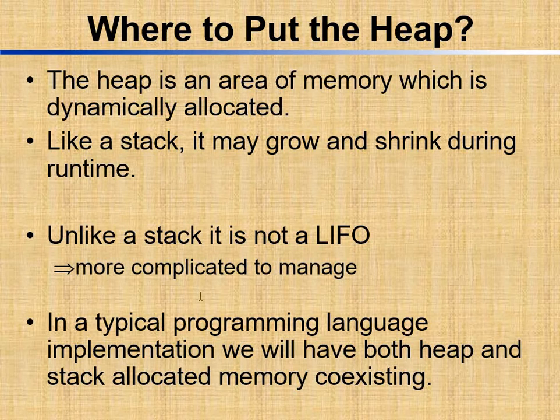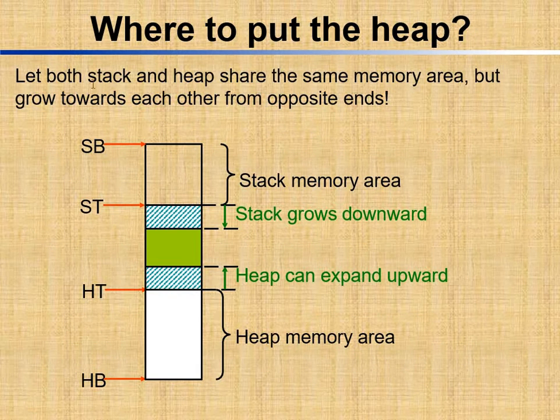In a typical programming language implementation, we will have both heap and stack allocated memory coexisting. Let both stack and heap share the same memory area but grow towards each other from opposite ends. Suppose this one is the stack base and this one is the stack top, and this one is the heap top and this one is the heap base.